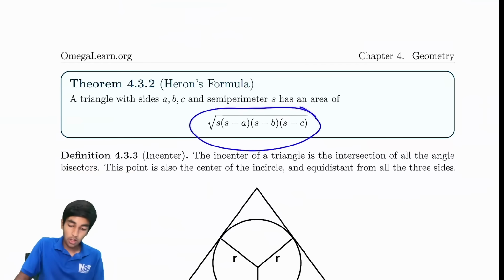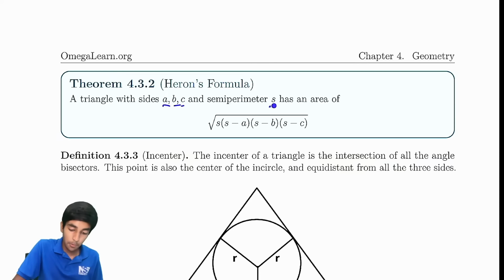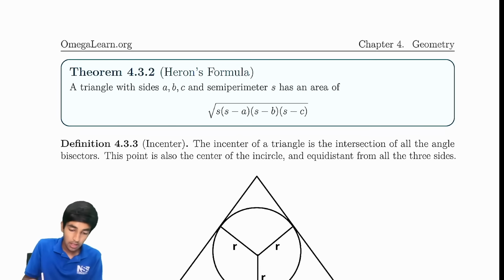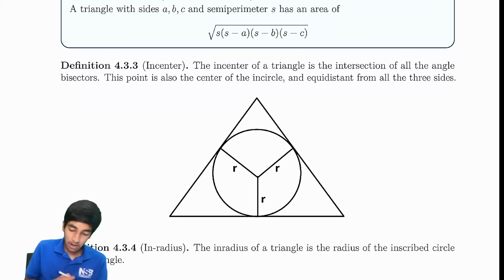Now, Heron's formula, this is also super useful if you have sides a, b, c, and semi-perimeter s, which is just the perimeter divided by 2. The area is the square root of s times s minus a times s minus b times s minus c. And the incenter of a triangle is the intersection of all the angle bisectors. So you draw all these angle bisectors.